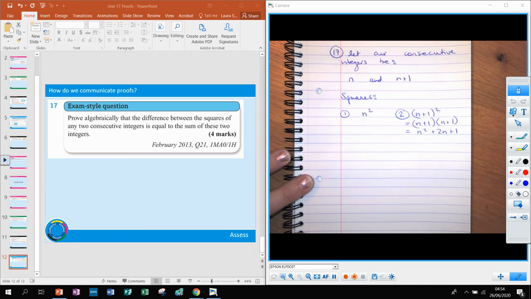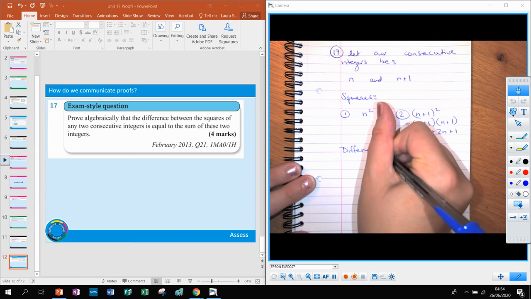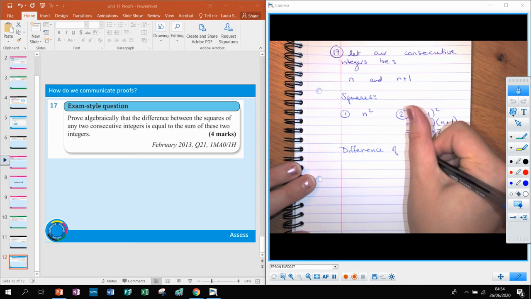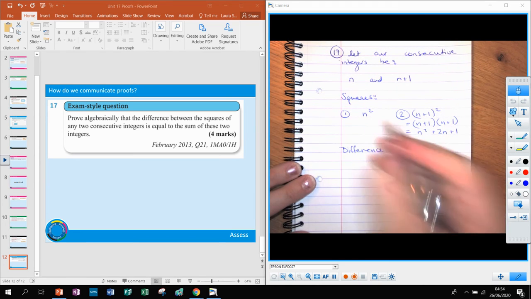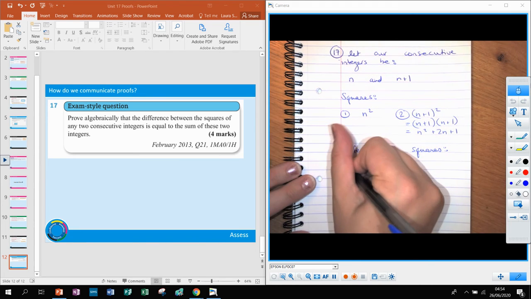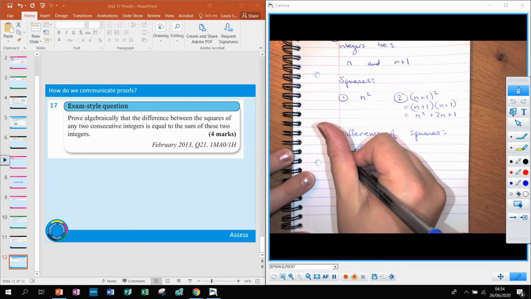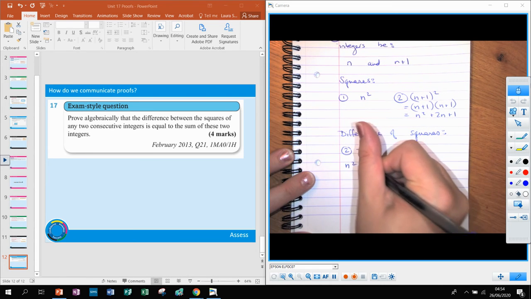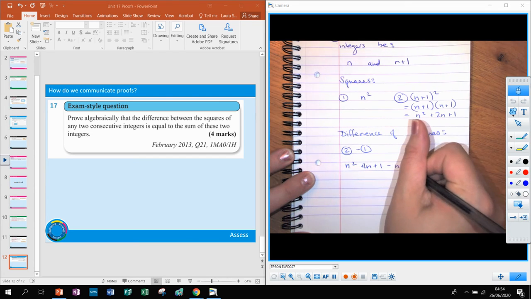It then says to find the difference. So let's do that. So difference of squares. Okay, the reason I've labeled these is quite useful is now I can say that I am doing the second one minus the first one. Okay, which we know is going to be n squared plus 2n plus 1 minus n squared.